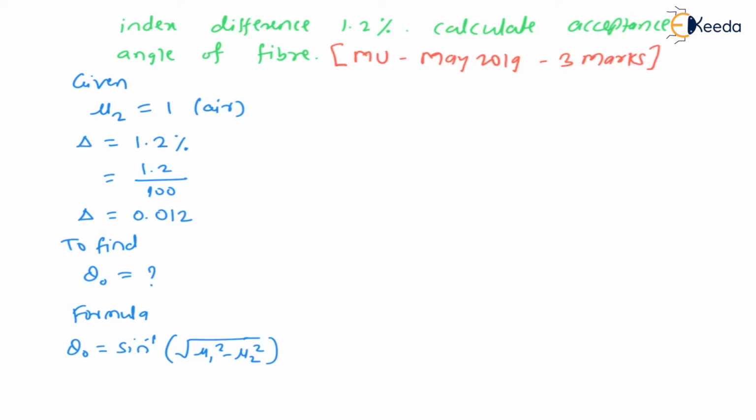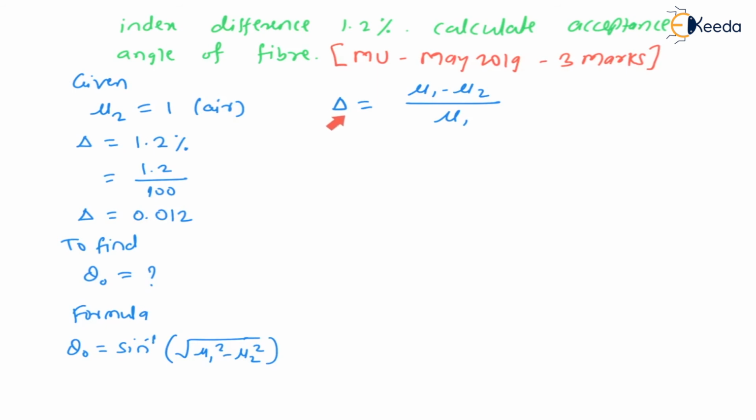To find mu1, we will use the fractional value delta. The formula for delta is mu1 minus mu2 divided by mu1. So this is the formula for fractional index difference.